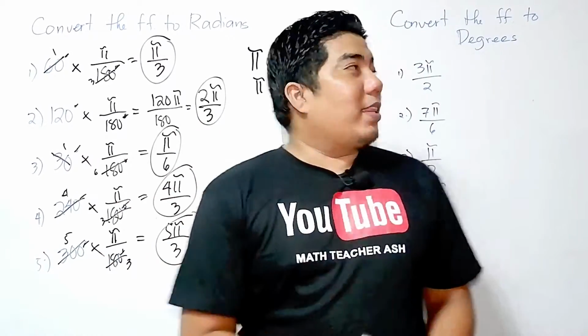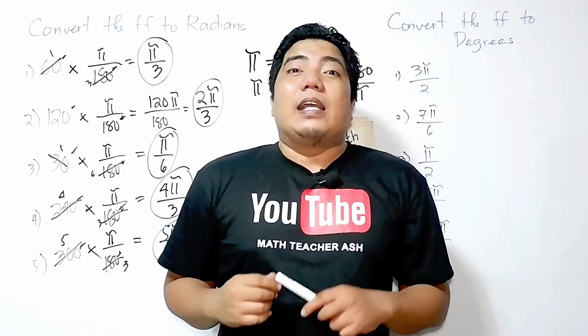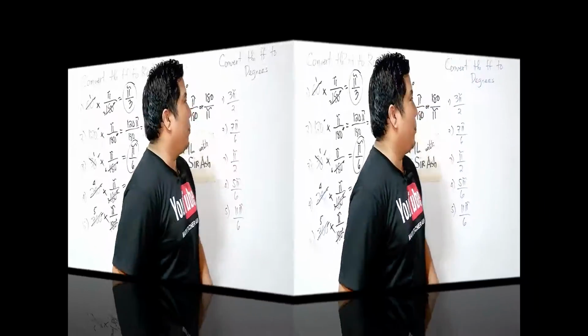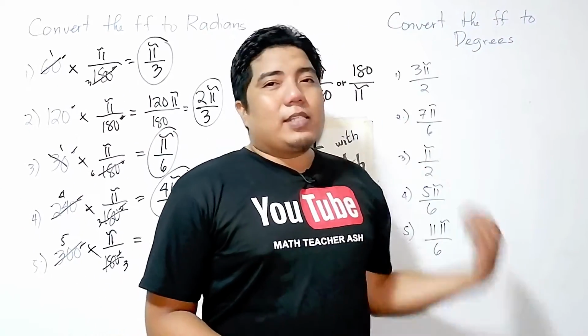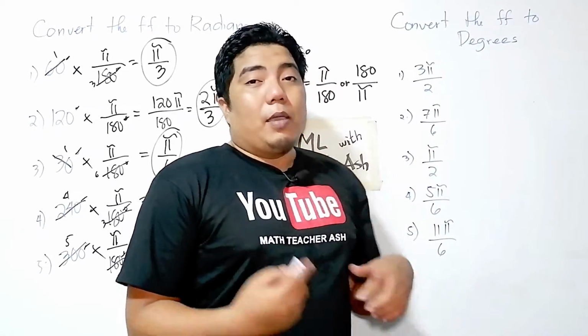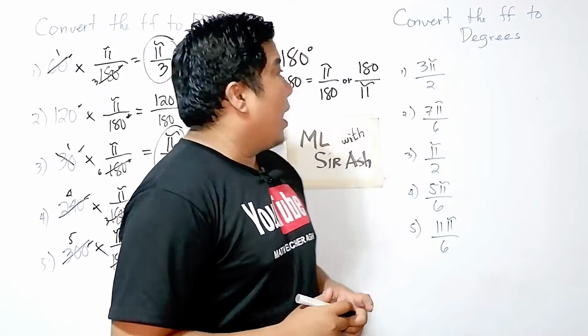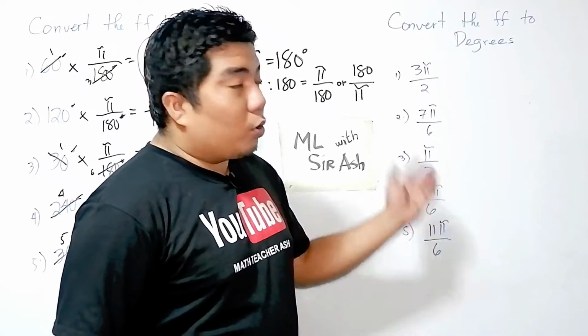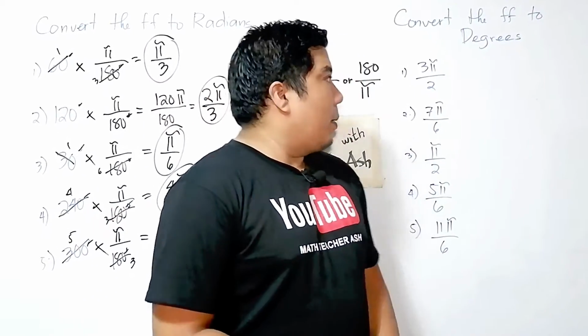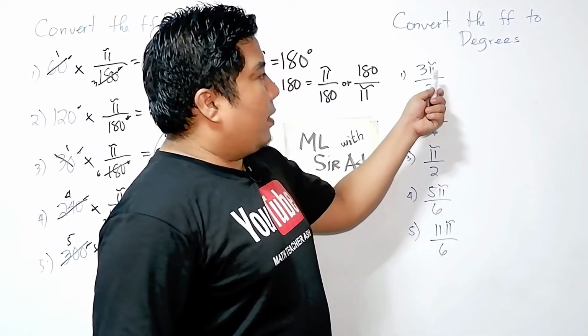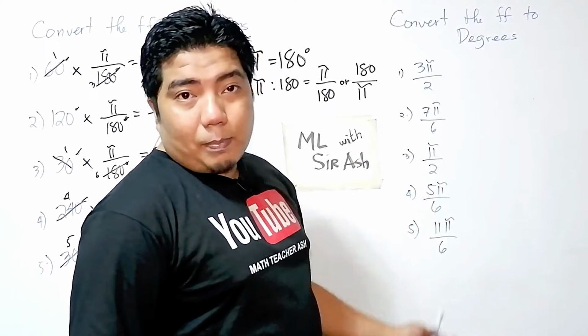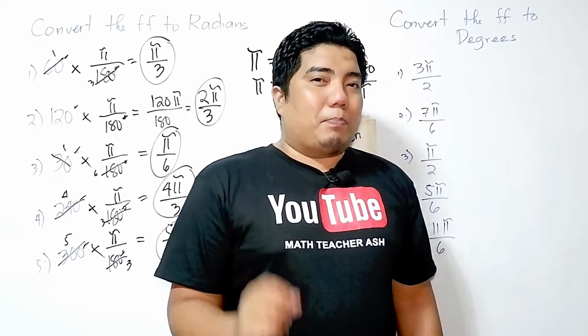Easy, right? Now, let us go to converting the radian measure to degree measure. Now, my dear math learners, as you can see, these are all in radian measures because it is denoted by pi. How do we make this one into a degree measure? My dear math learners, remember that there is a pi here. We need to eliminate that pi.